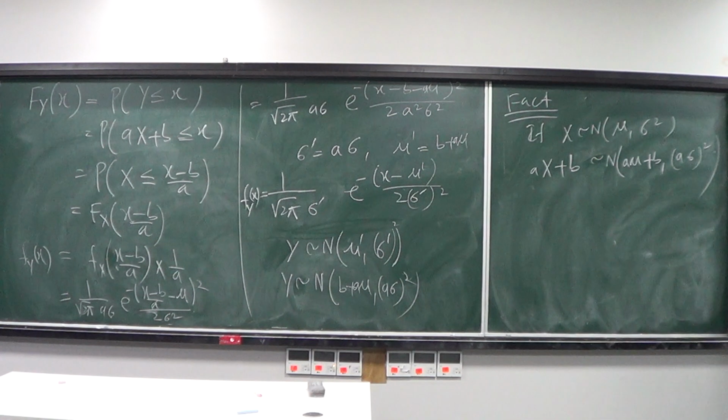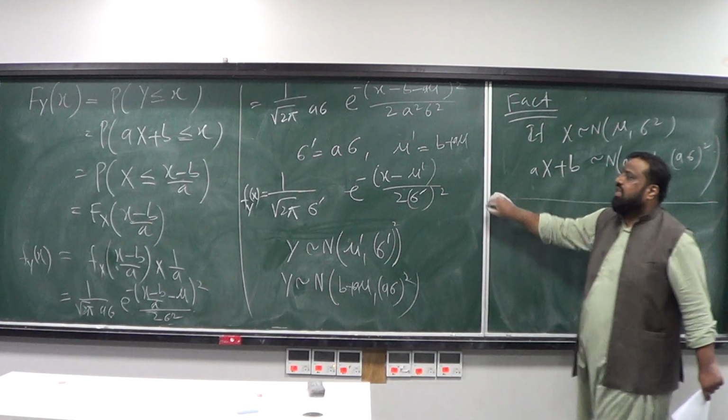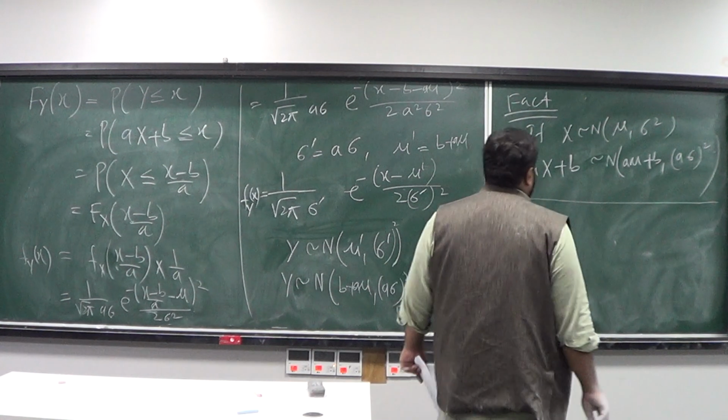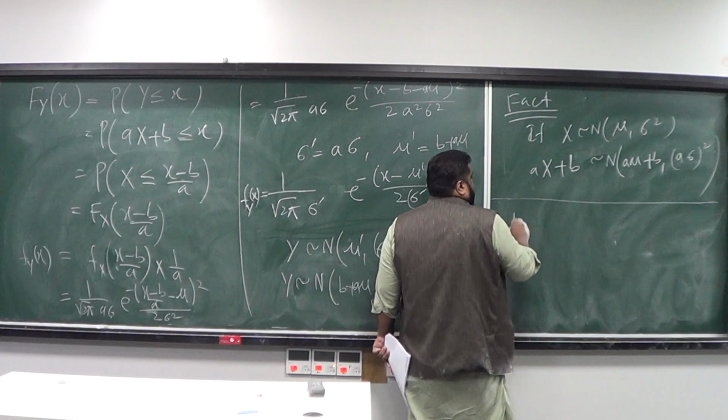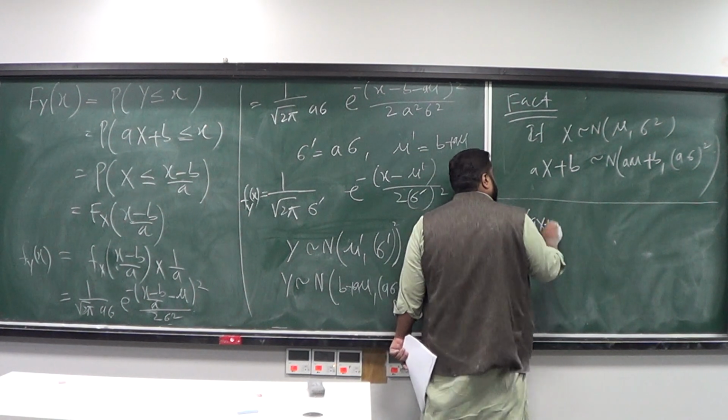So this is an important fact that you have to keep in mind. And it makes sense actually. Think about it. If you compute the expectation of ax plus b, what will it be?